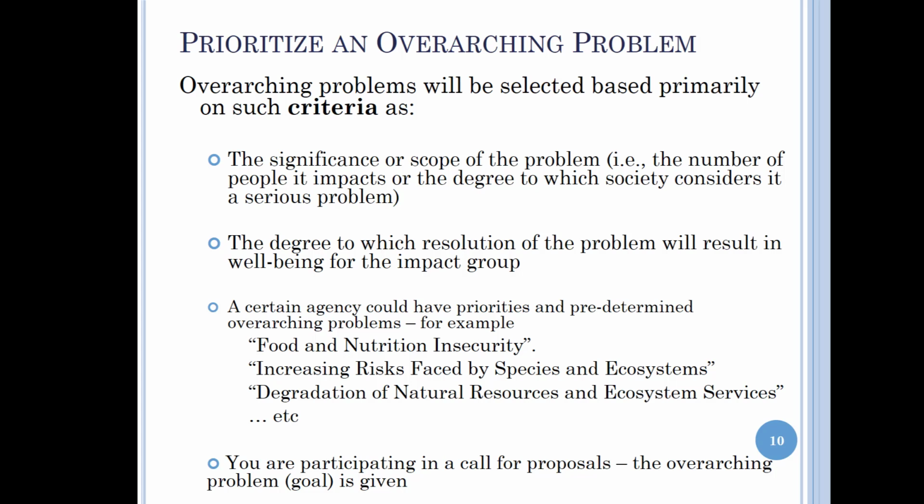The same applies if you are drafting a proposal for a donor. The results frameworks of these institutions are more or less given at the higher levels, at the level of the goals, and you would have to discuss with the stakeholders the underlying causes, the specific problems that are causing these overarching problems.